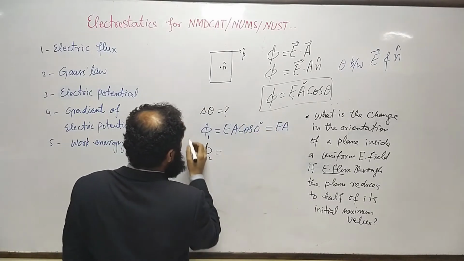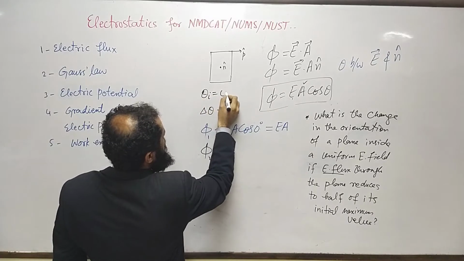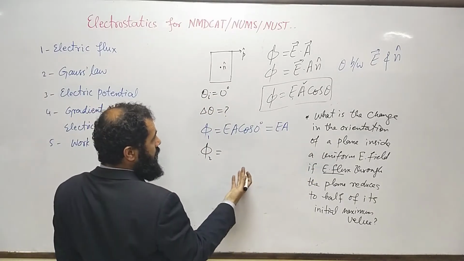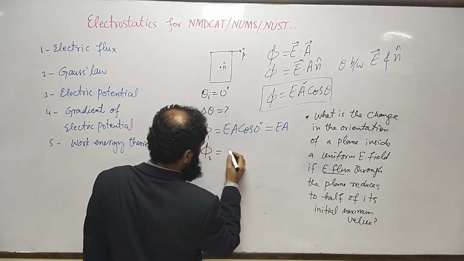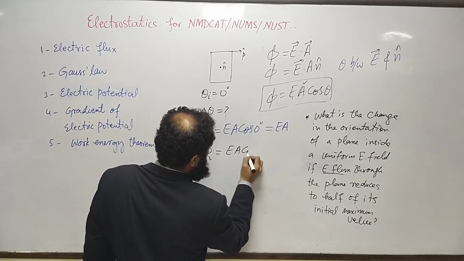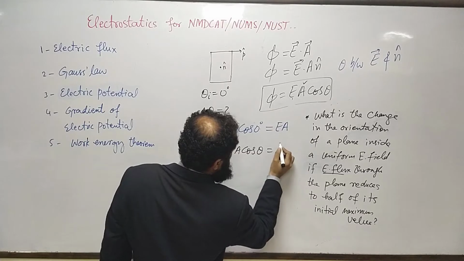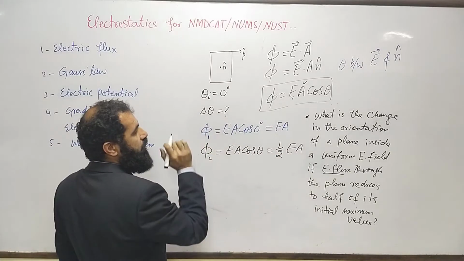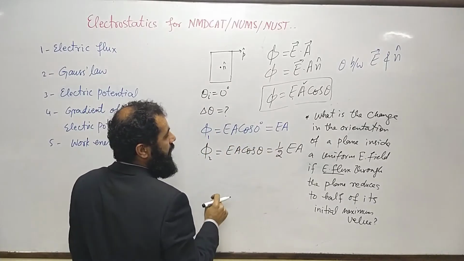So theta initial is 0 because flux was maximum, and then they change the situation and flux becomes one by 2 EA, half of its initial value. Initial value is EA.